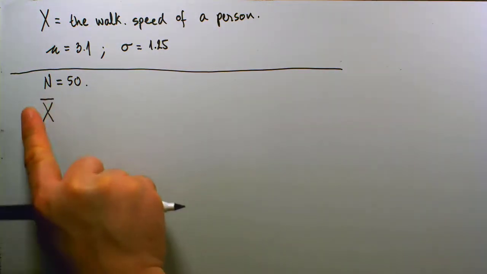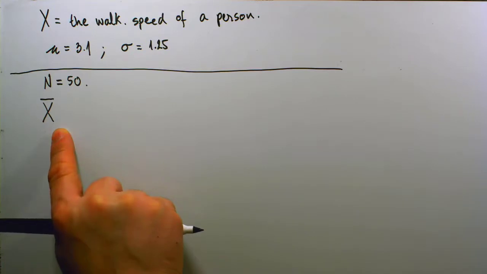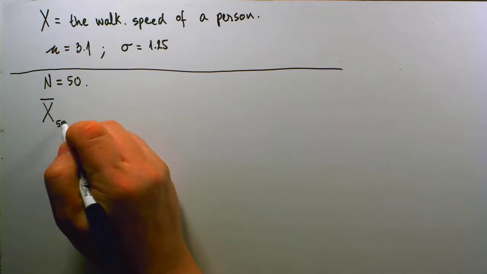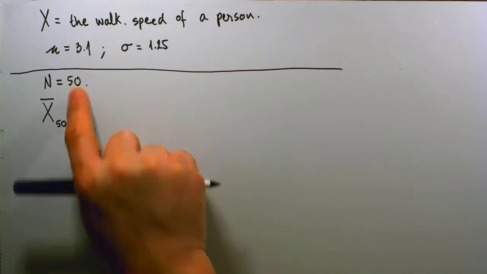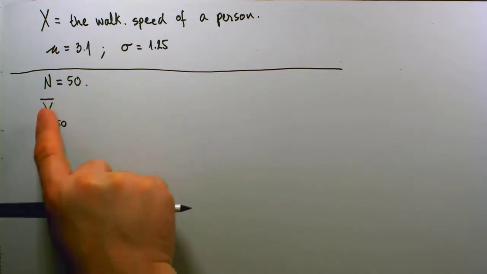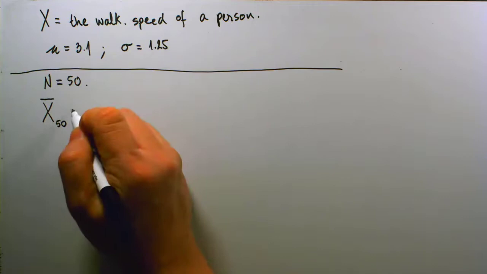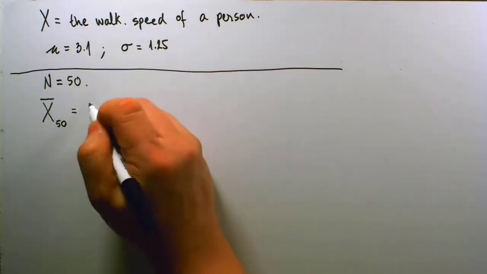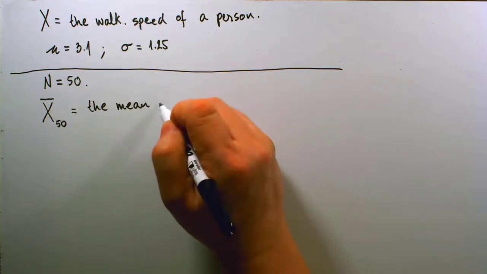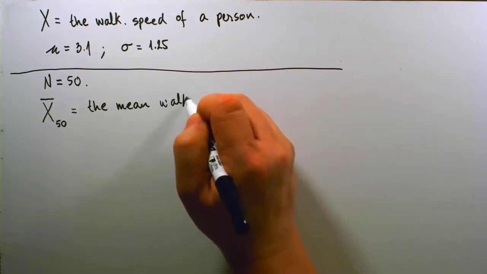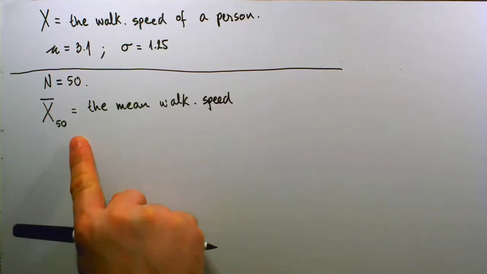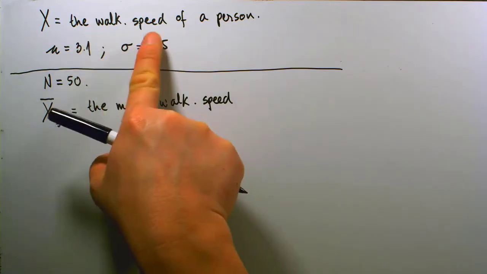Many textbooks just define a random variable capital X bar, but I go a little further to use a subscript here to indicate the sample size in each sample. So in my notation, capital X bar 50 here is the random variable to represent the mean walking speed. It's still walking speed, but this is the speed after we average out 50 people, different from the speed individually for each person.